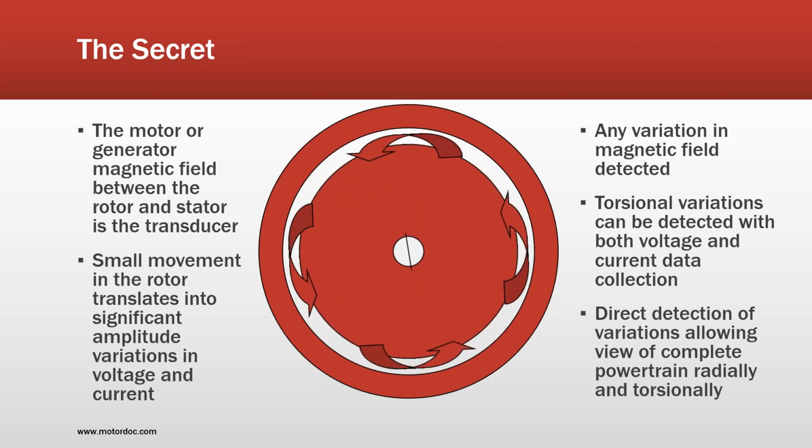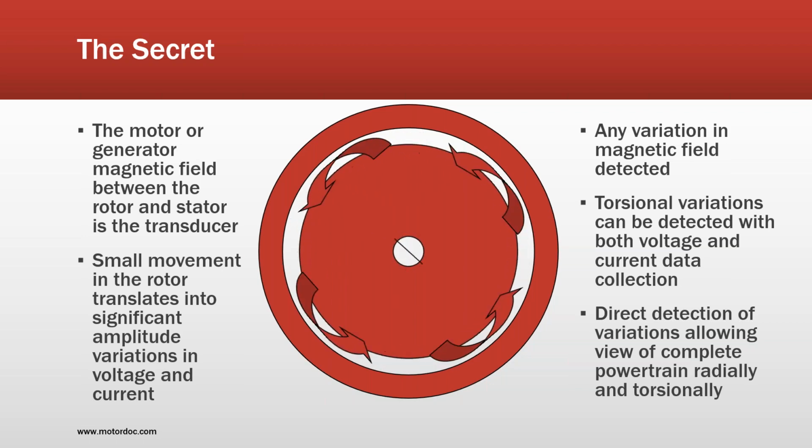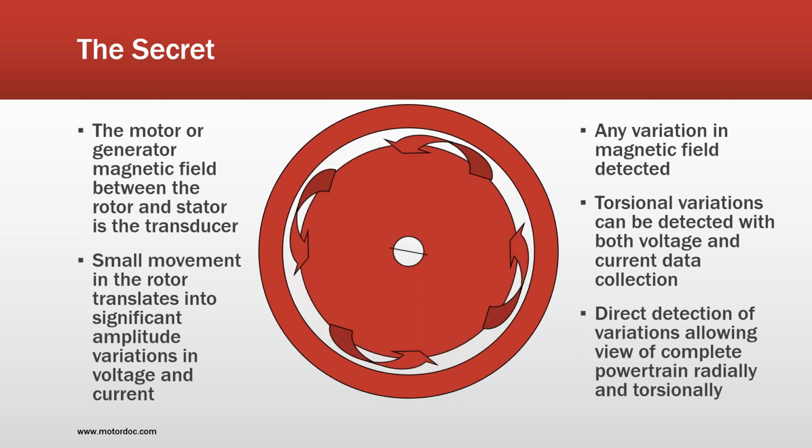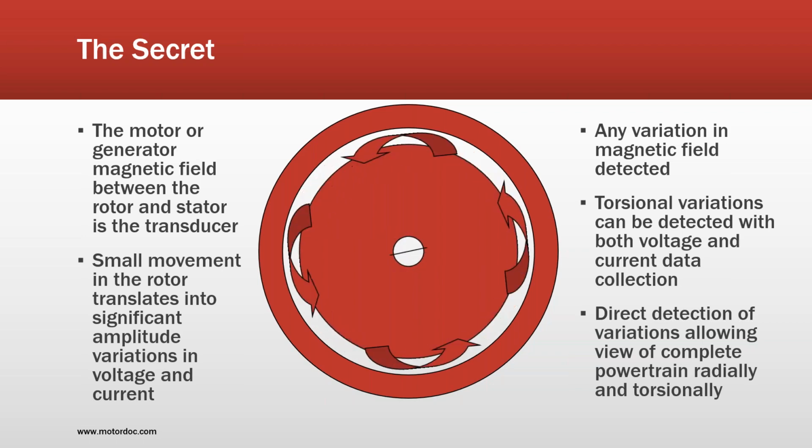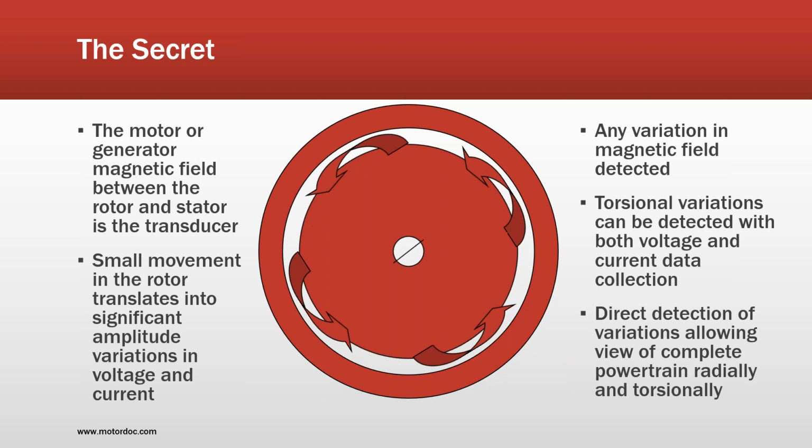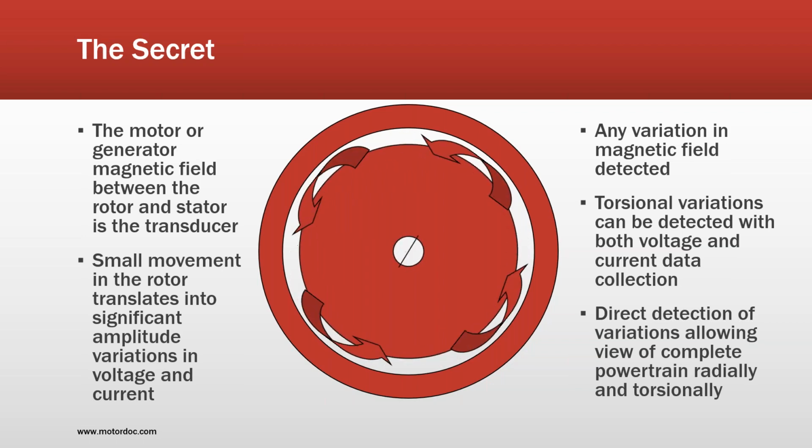That makes it a system-wide transducer, meaning that when we look at electrical signature analysis, we see the entire system, all components of that system at once, versus point transducers like vibration and other things where you have to have the transducer in line with the particular item that you're concerned about.